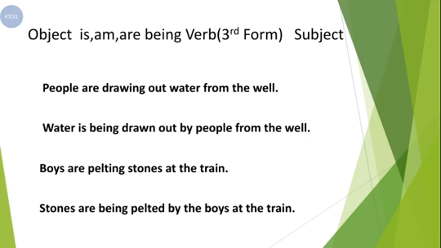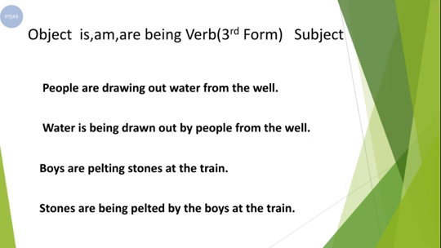So draw out is your first form and third form is drawn out. Water is being drawn out by people. People is your subject, and in passive voice we write the subject at the end with the help of by. Water is being drawn out by people from the well. This is how we make the passive of present continuous tense.